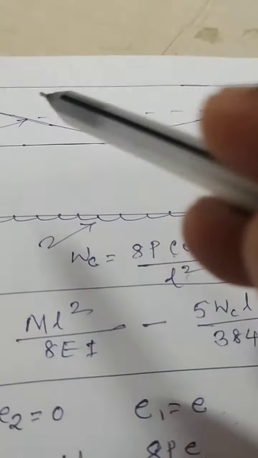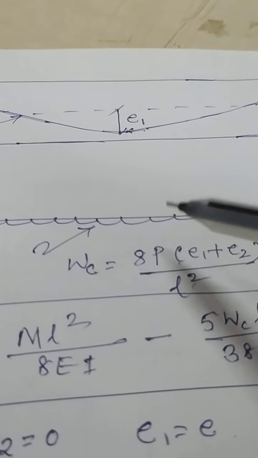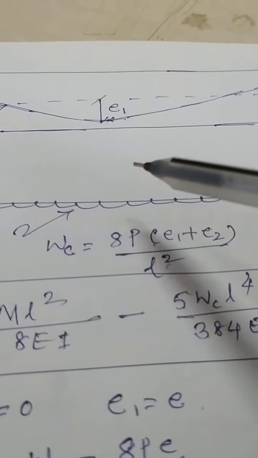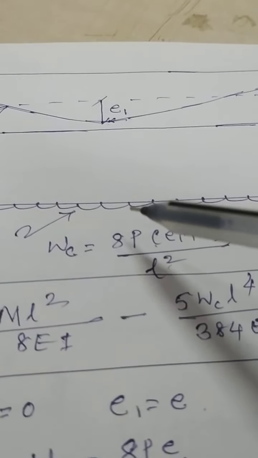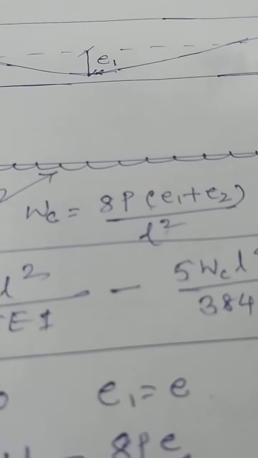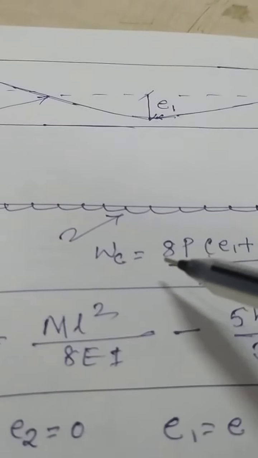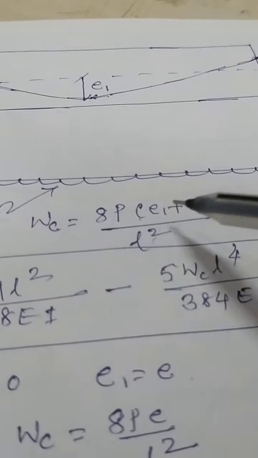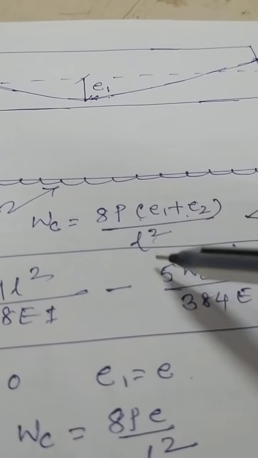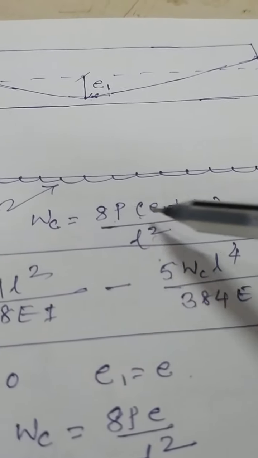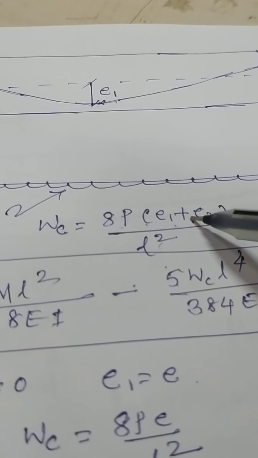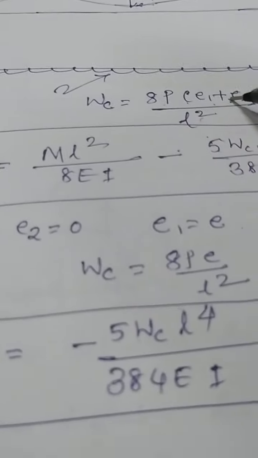And because of this curved shape, instead of a point load as in the previous case, there is a creation of a UDL, that is 8Pe by L square. This e is total eccentricity e1 plus e2.